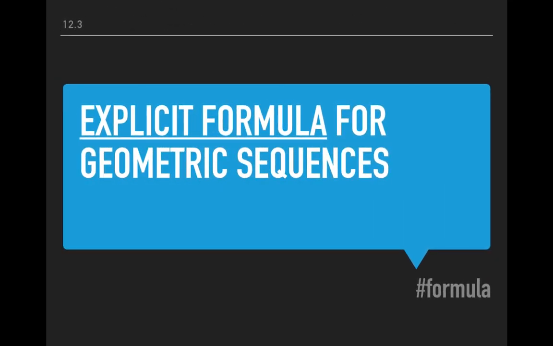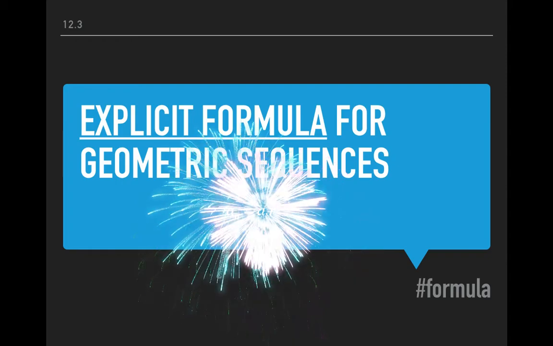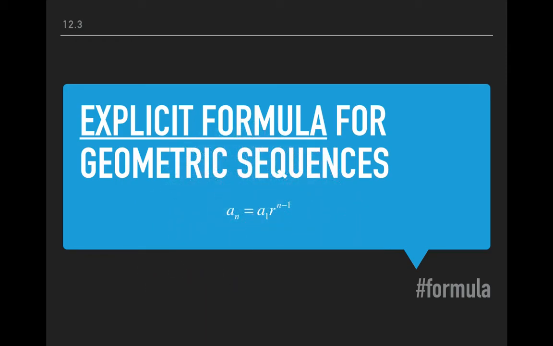Our explicit formula for geometric sequences is the first term times the ratio to the n minus 1 power. This is the explicit formula because it is just in terms of its position.